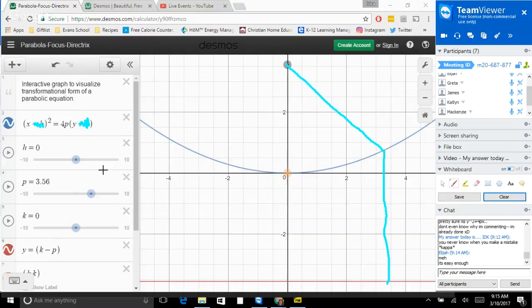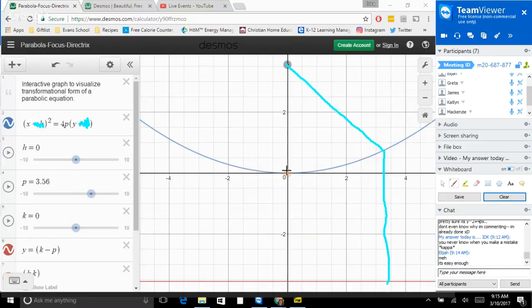Well, this is how we can determine the location of the focus point and the location of the directrix. So in this particular case, our focus point is at 4, and our directrix is at -4, even though I'm not quite there.